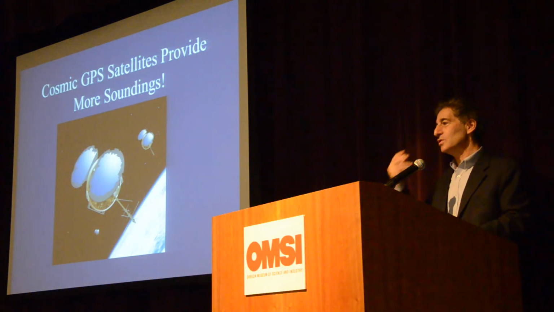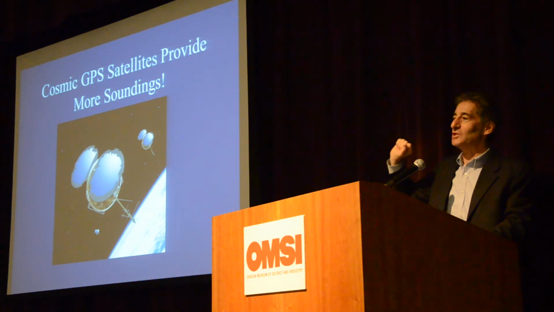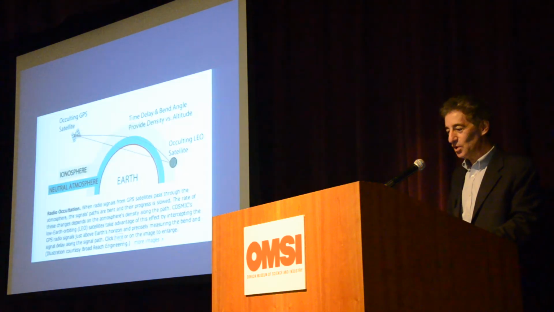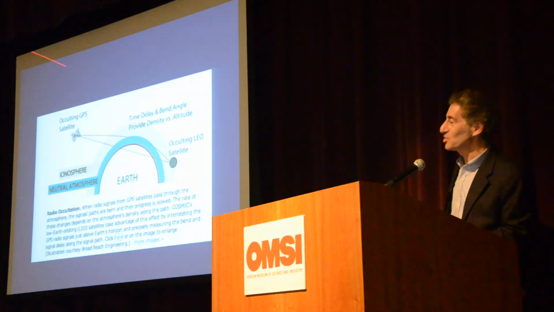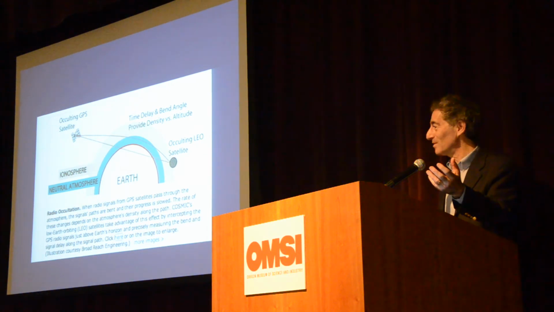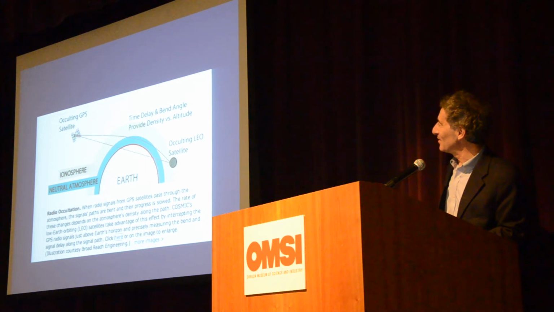We have a new series of satellites, GPS satellites. It's the COSMIC constellation of satellites. And what these satellites do is, everybody knows about GPS, right? There are GPS satellites up there, and you have GPS in your car, you're receiving signals from those satellites. Well, if you have another satellite that's receiving the signal, it can measure how long it takes the GPS satellite signal to go through the Earth's atmosphere.